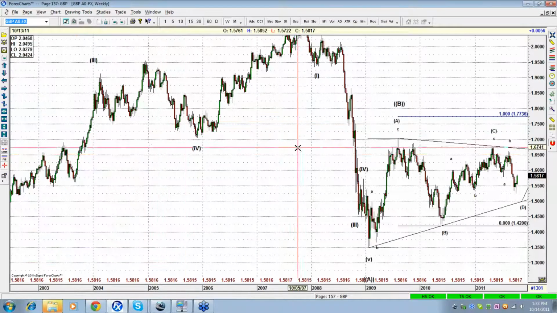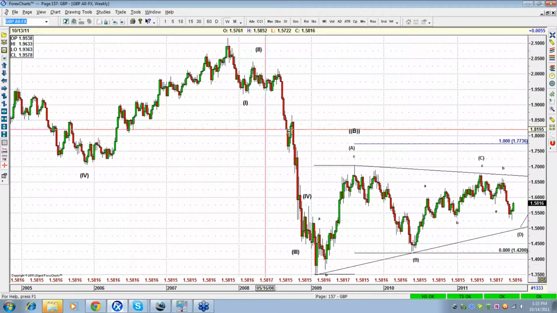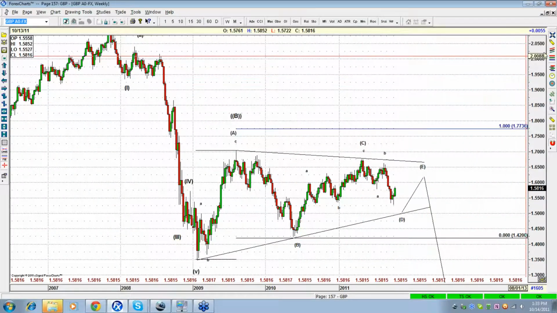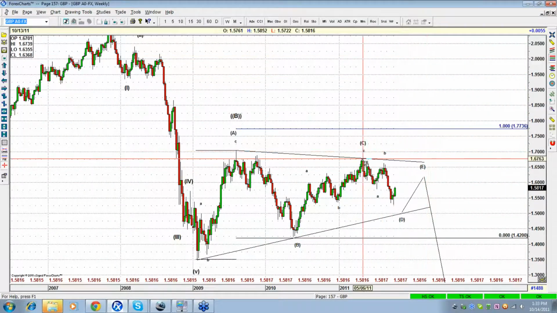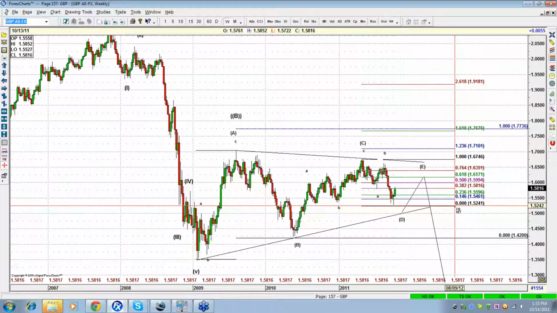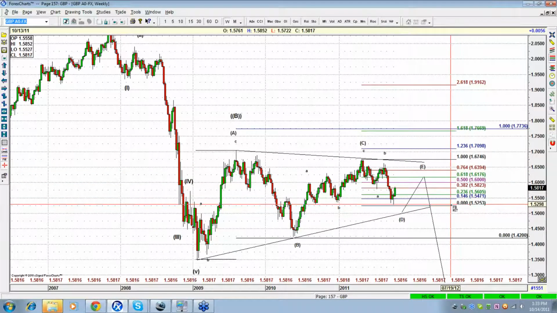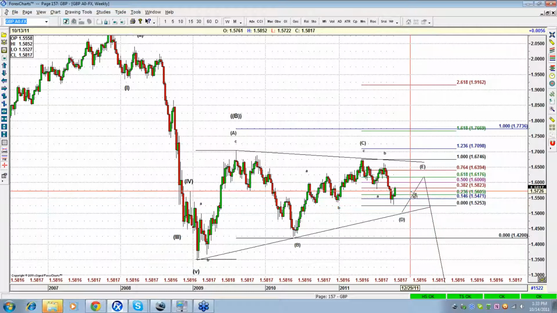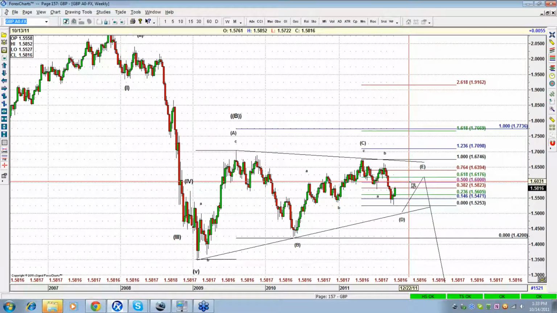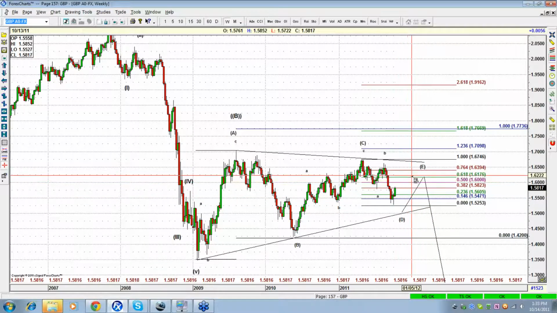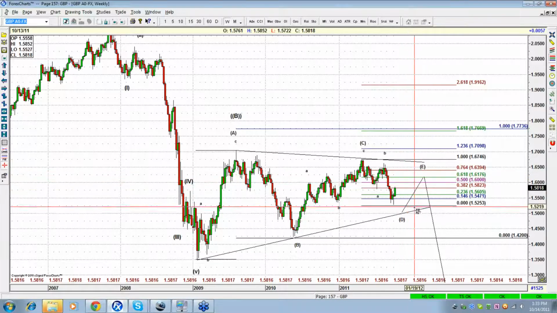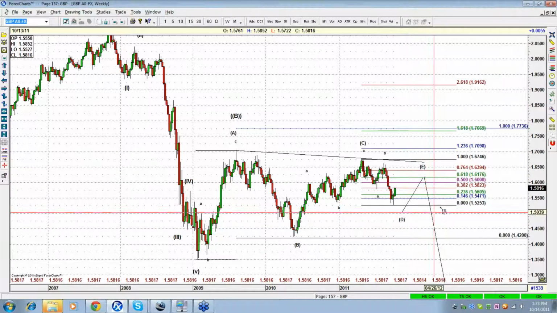I'm going to be bearish the dollar against cable, reaching minimum 160, ideally 160, 176, onto there and the dollar bill.